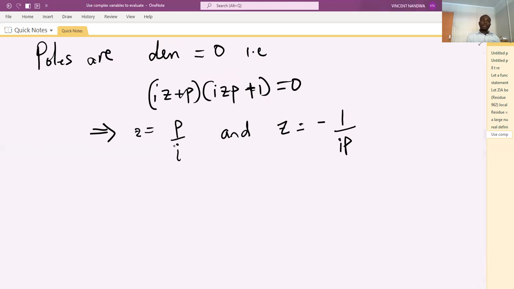So remember, this is a negative because you have to take this one to the opposite of this sign is plus.